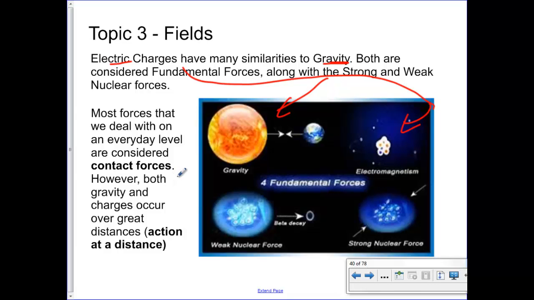Okay. I have some other bolded words here I'd like you guys to know. One of them is called a contact force. Okay. When I'm sitting on the table, there are forces between me pushing downwards on the table and the table pushing upwards on me. Does that make sense? If I throw a ball, that's me being in contact with things. Physicists have known about contact forces for a long time, but sometimes there are forces that occur and we call them actions at a distance.